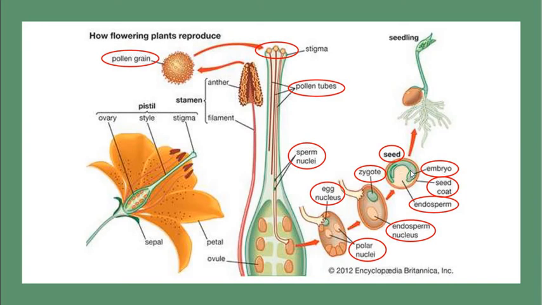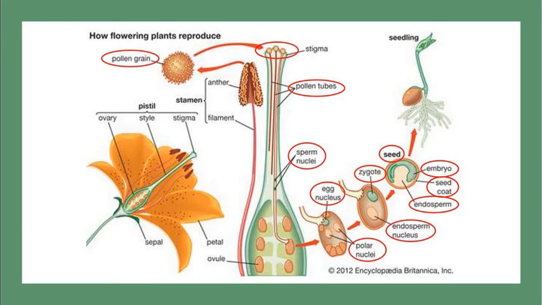It's a way for baby to get food until baby is able to get food for itself. Okay, so this is the process of reproduction, referred to as double fertilization because it requires 2 sperm per seed. And you have the different parts of the seed here until baby is able to grow.